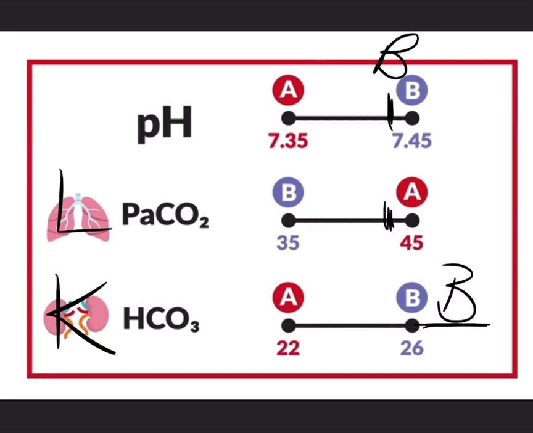Even though it's pretty close to being not within normal limits, it is within normal limits. So we would call this fully compensated. So the full answer for this question would be metabolic alkalosis fully compensated. Okay, I hope that makes sense. And we'll go on to our last one.